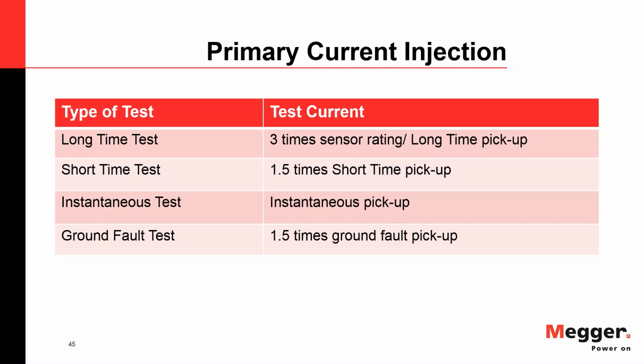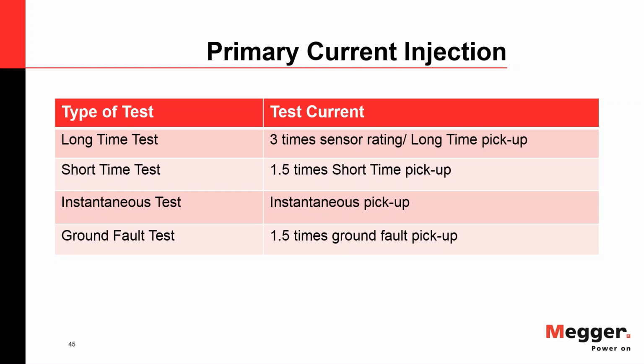And also, this is why I put a slash there with long time pickup. Certain manufacturers have the tradition, for instance GE, very unpleasant I have to say, that they don't express their settings on the trip unit in sensor ratings. They do that in long time pickup multiples.